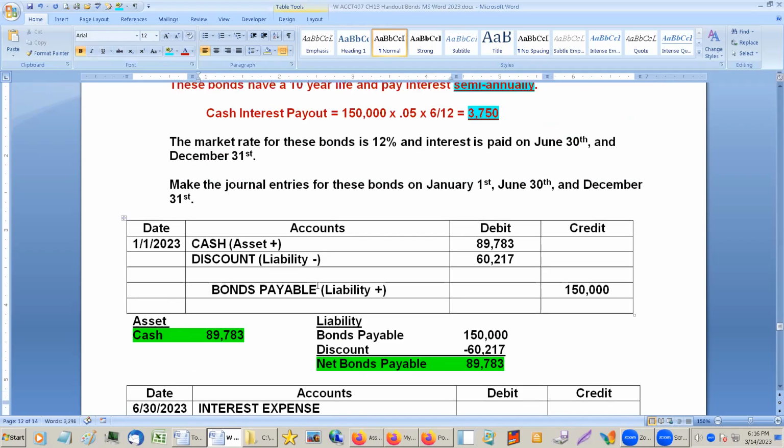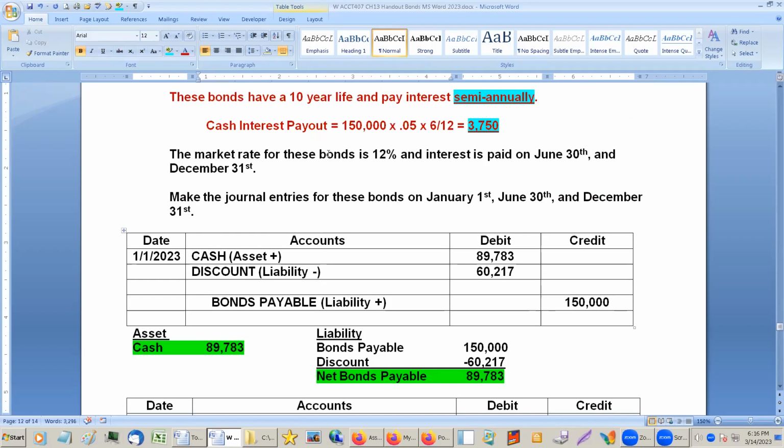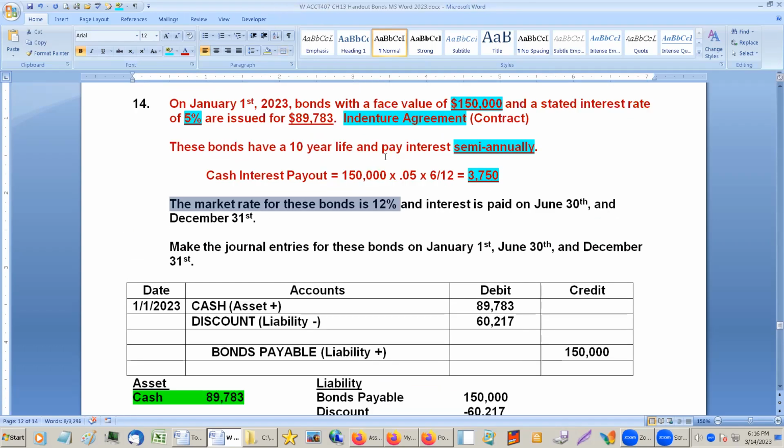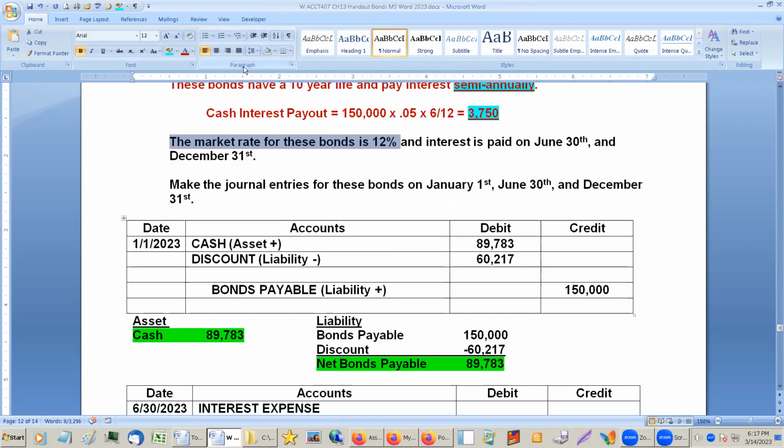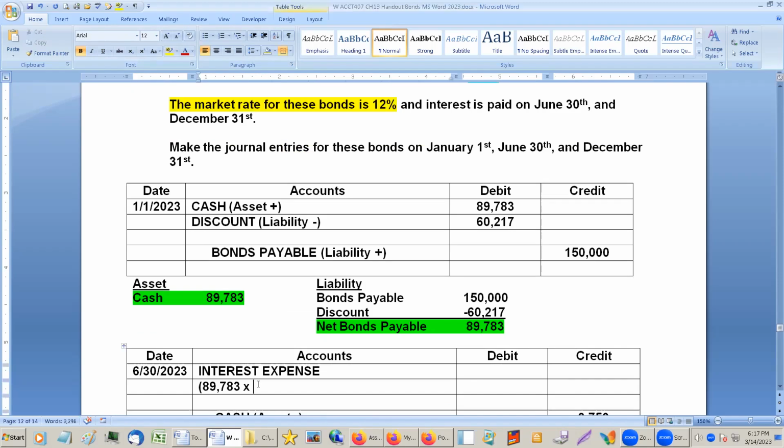And we really borrowed it at the market rate of 12%, times 6 divided by 12, or it'd be divided by 2 is another way to do it. Same thing.